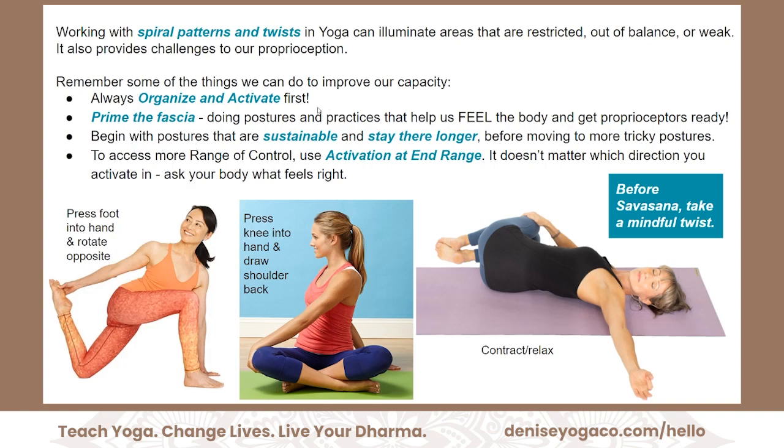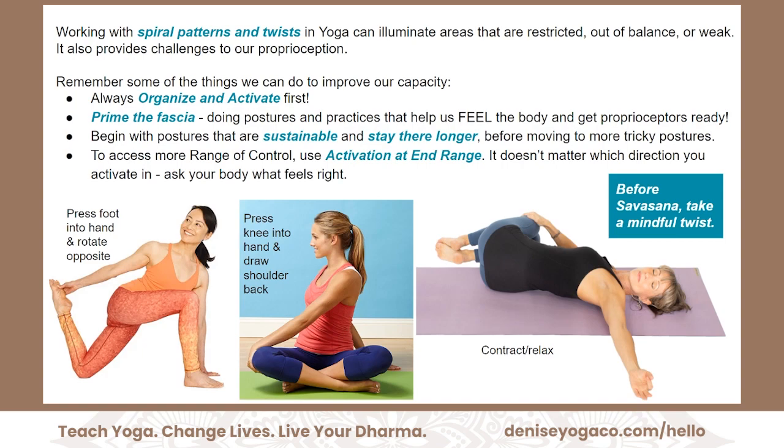some of the ways we can get stronger. Okay, so working with spiral patterns can illuminate areas in the body that either feel restricted, like you just don't have the same movement capability on one side versus the other, or can feel out of balance, like you can balance on one side but not the other, or you feel a sense of weakness, like you want to collapse on this one side versus the other side, or maybe both sides.